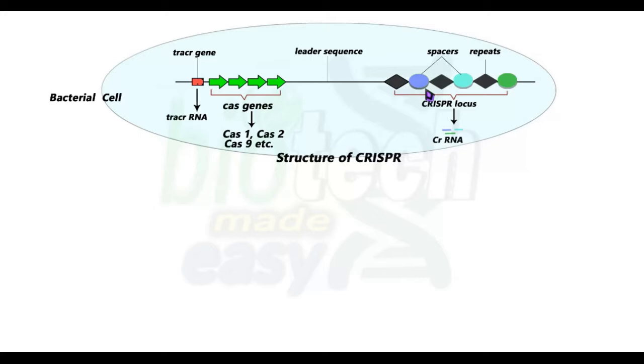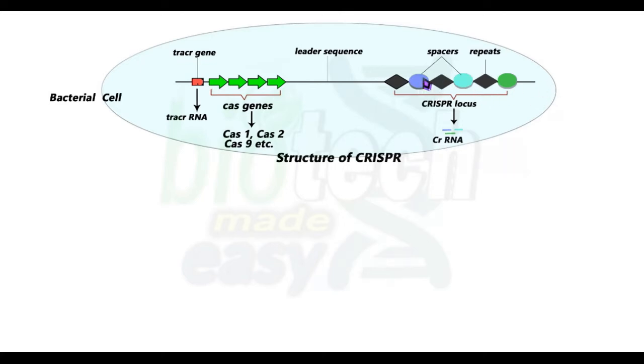So you can say that CRISPR is a kind of storehouse for the enemy's record. It's a kind of library where you store all the sequences, all the records of the previous infections which have occurred.